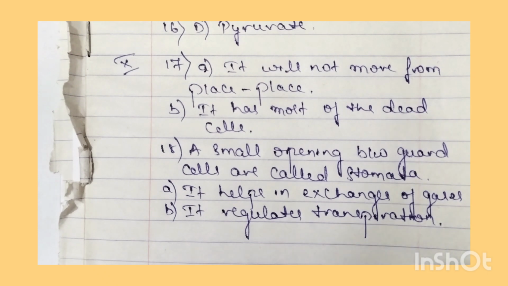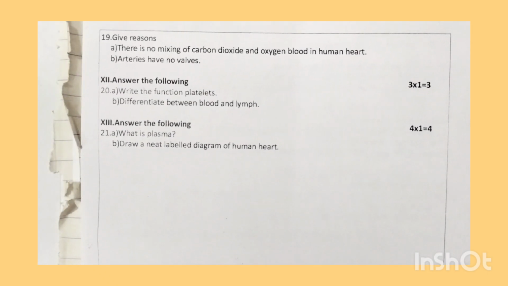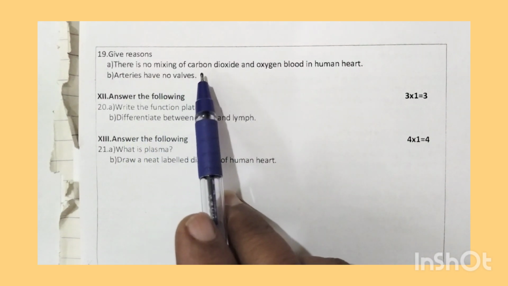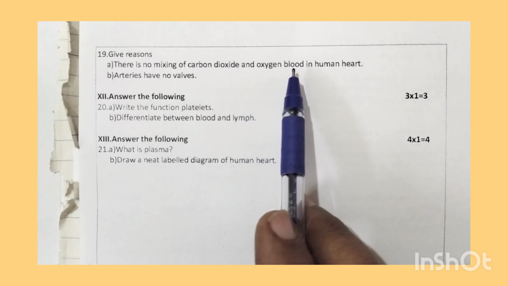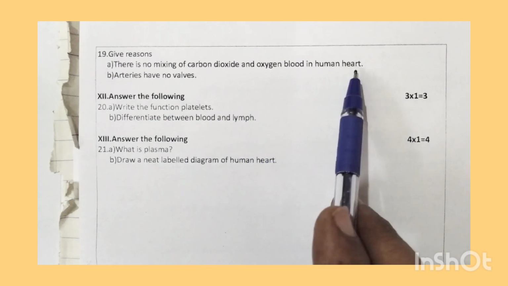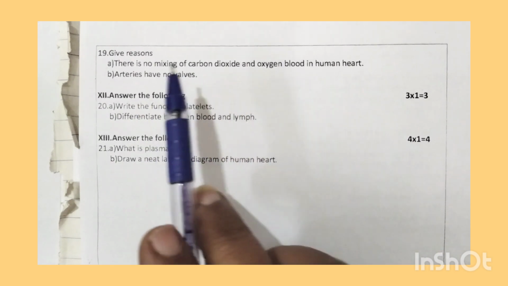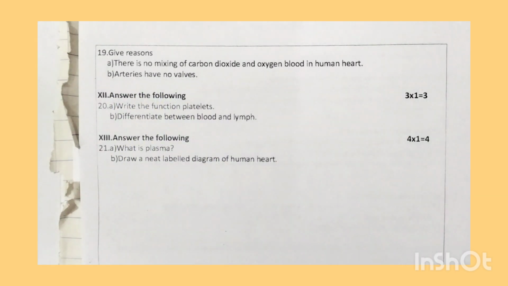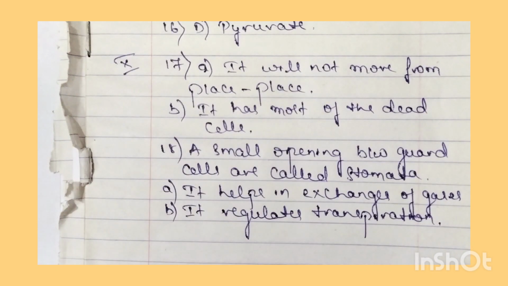Now let us move to question number 19, that is give reason. There is no mixing of carbon dioxide and oxygen blood in the human heart. That is the first one. Second one, give reason: arteries have no valves. So let us answer both the questions.